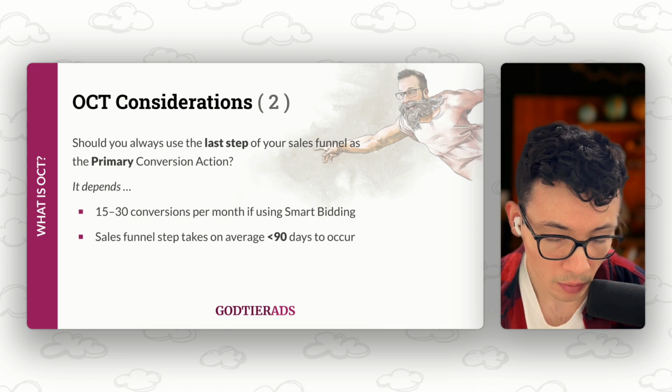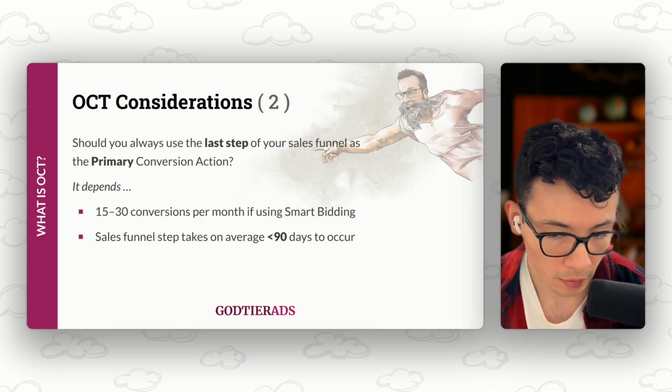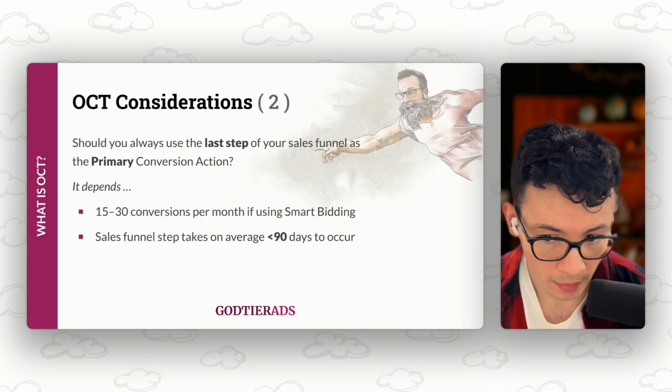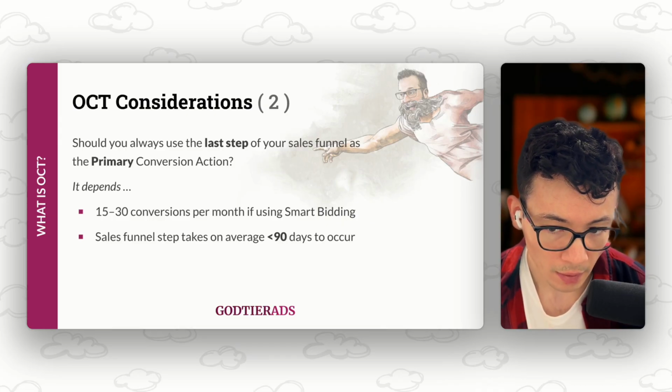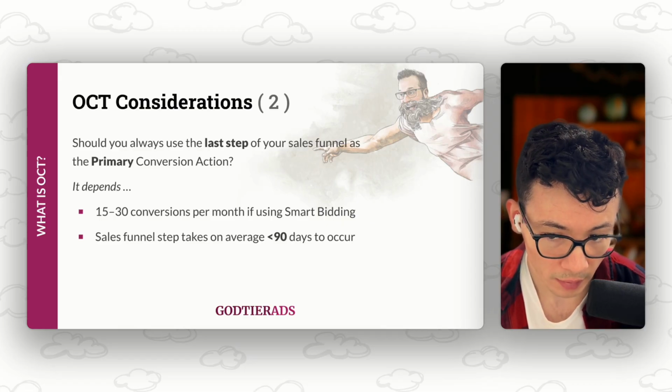Another thing is you need to account for how long it takes for a sales funnel step to be reached. So again, let's talk about closed deals. If closed deals in your business has a longer than average sales cycle of 90 days, then you need to remember that Google Click IDs will expire after 90 days.